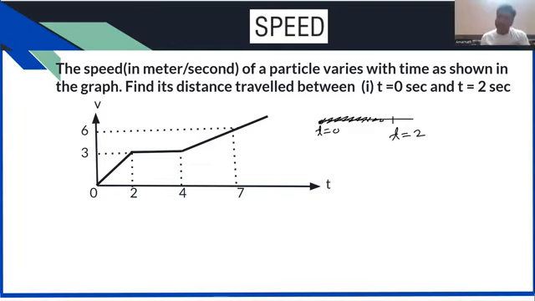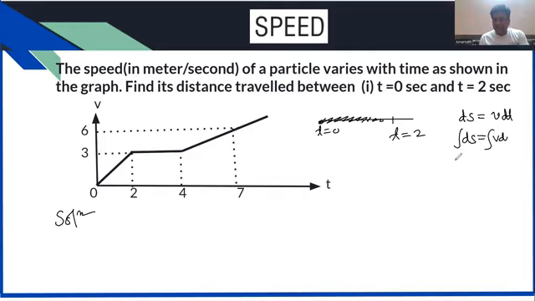Remember, in a speed time graph, we should understand that the area under the speed time graph gives us distance, because I have already discussed ds equal to v dt. Integration of ds is integration of v dt.